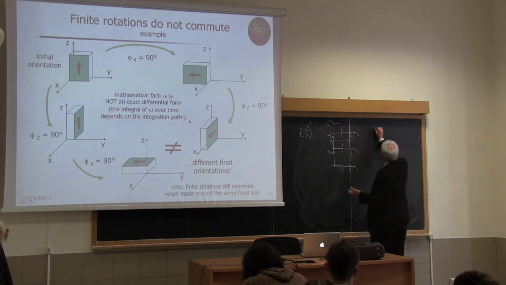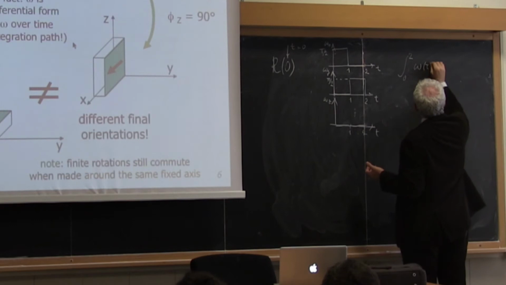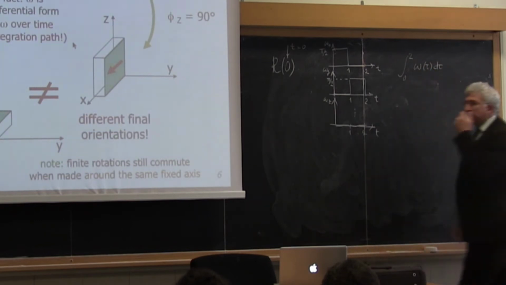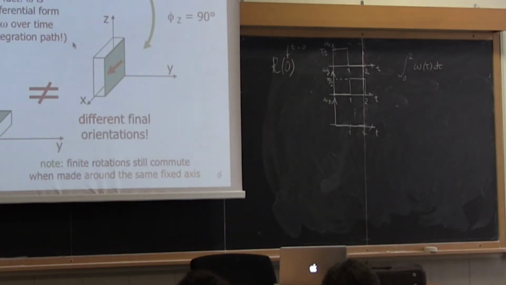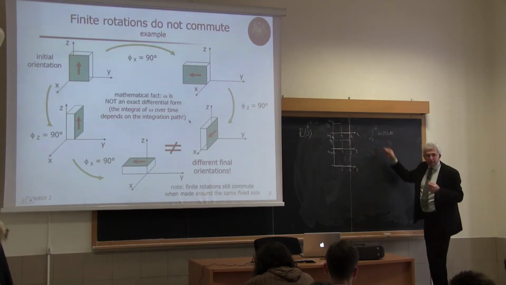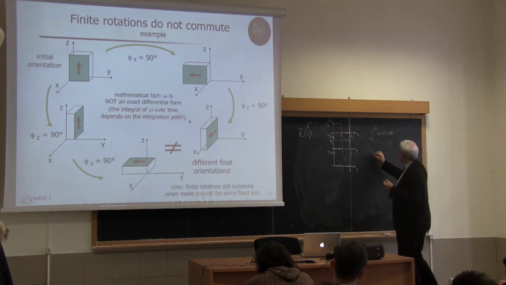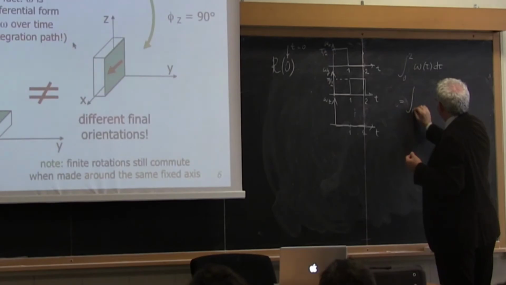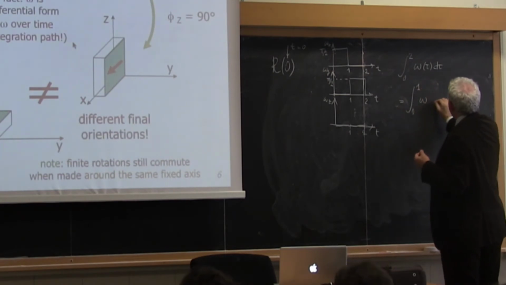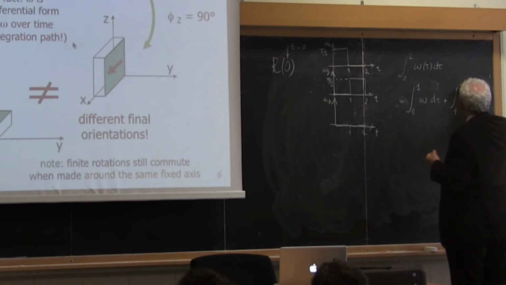So I can say, look, what is the integral of omega dτ? It is a vector. So integrating a vector means integrating the single components. Okay? So this can be decomposed in 2 parts.